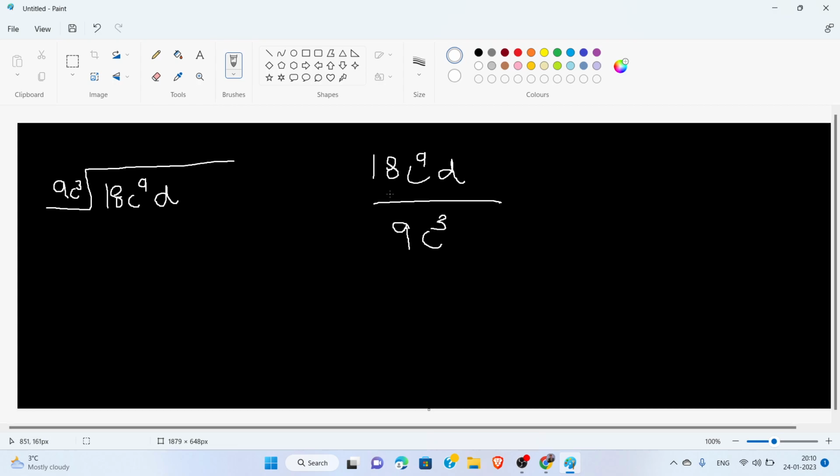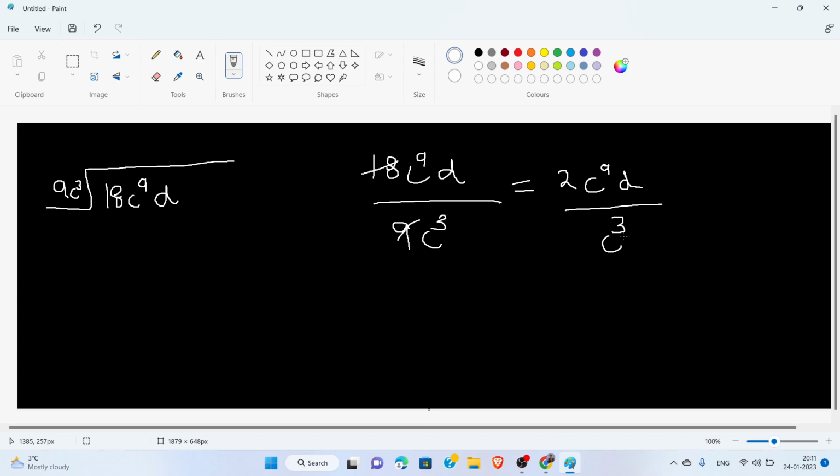Because 18 can be divided by 9, I'm going to get 2c to the power 9d divided by c cubed.